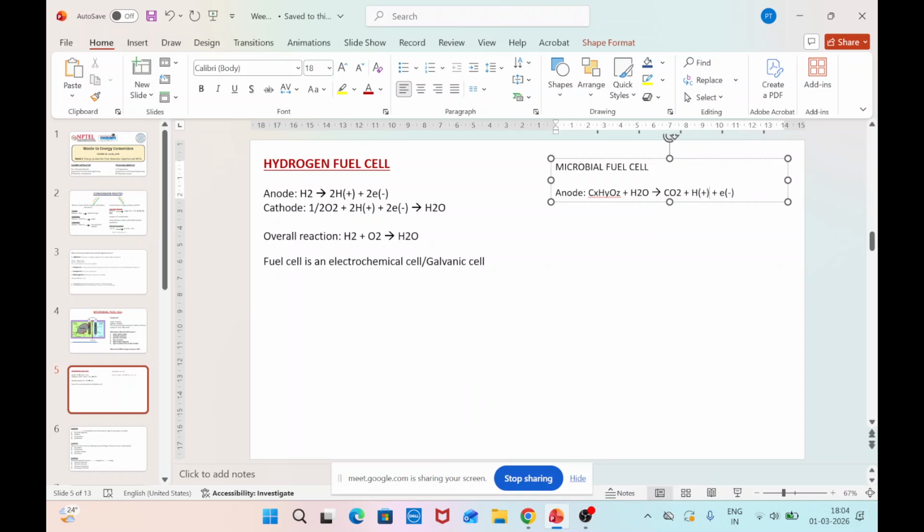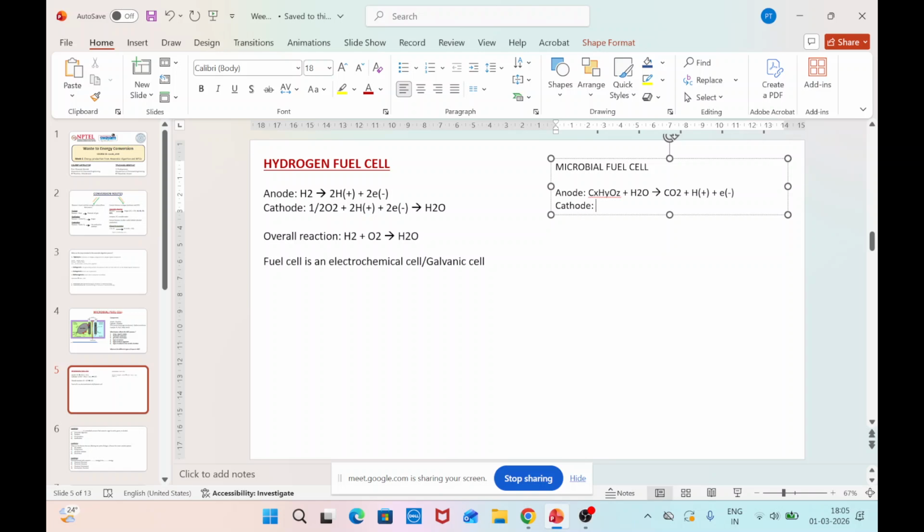Now in the same way, the electrons move from the anode to the cathode through the wire, and then the H plus ions move from the anode to the cathode via the membrane.